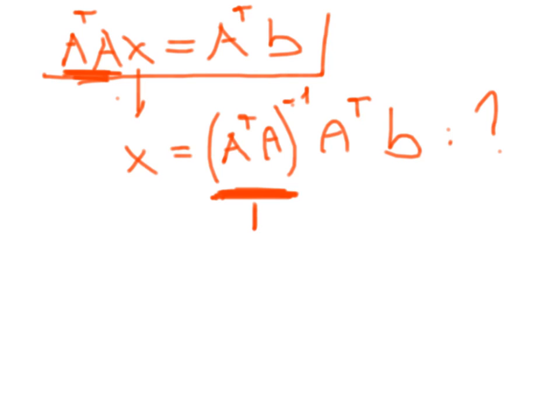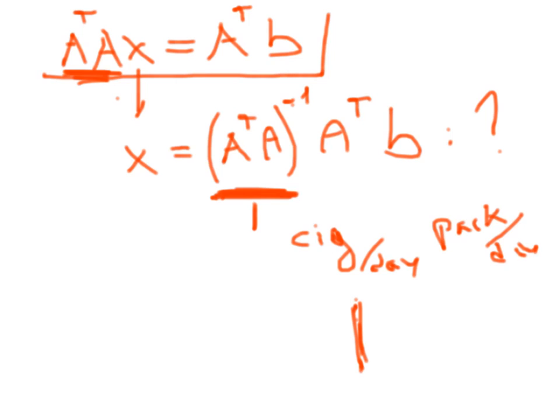So, if you have a dataset in which you have, for example, cigarettes smoked per day as one of your columns, and then you have packs of cigarettes smoked per day, then these two variables are not linearly independent, because if you have 20 cigarettes per pack, then this number will be just 20 times this number.